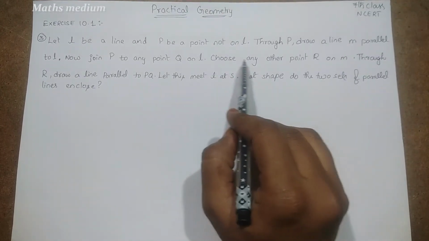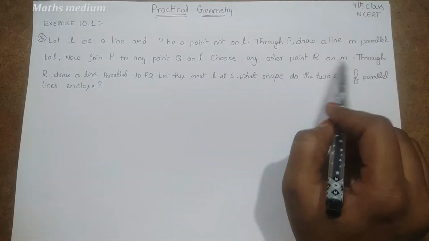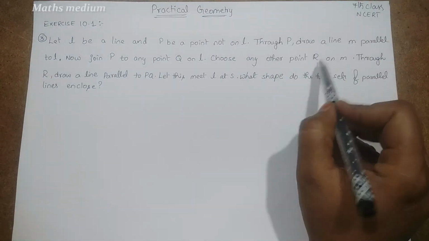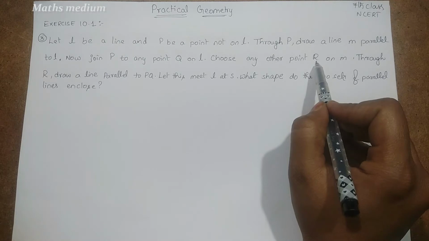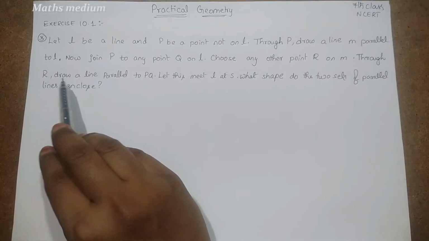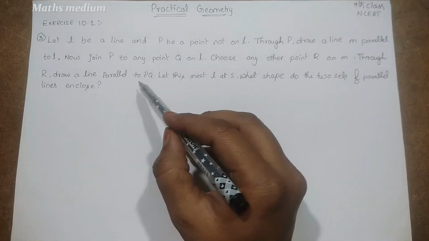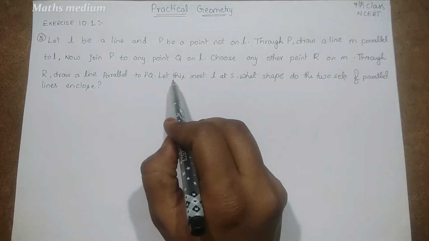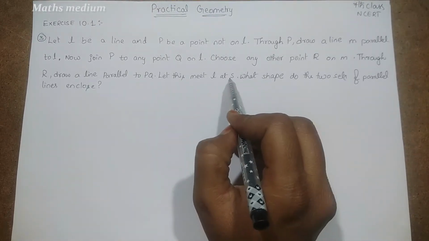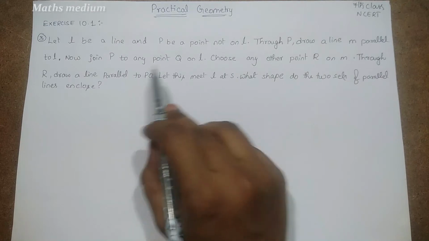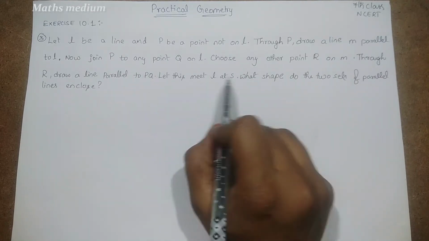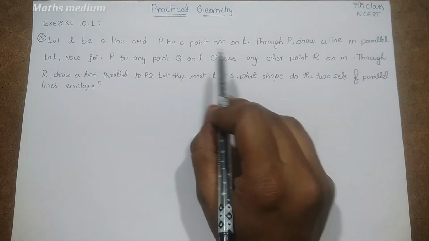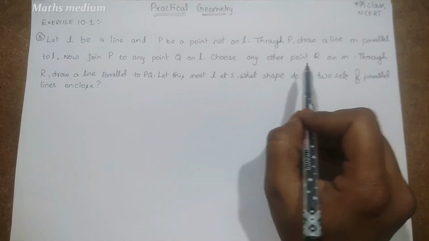Then choose any other point R on M. Through that R another line we have to draw parallel to PQ. Let this meet L at S. So that parallel line is meeting line L at the point S. So that enclosed shape we have to tell.